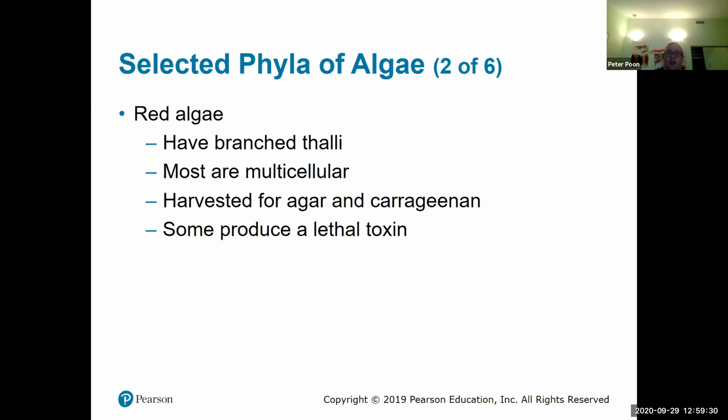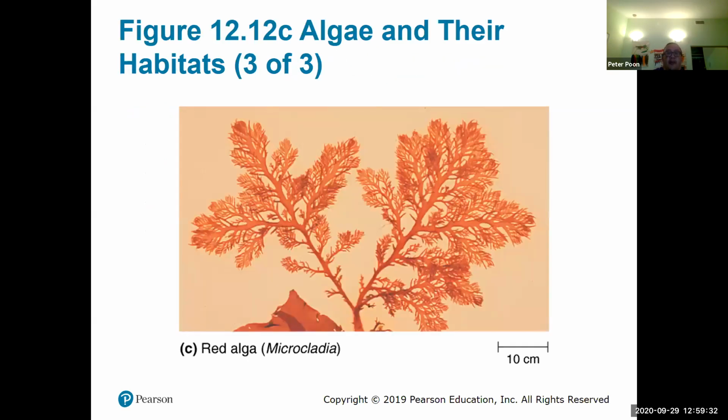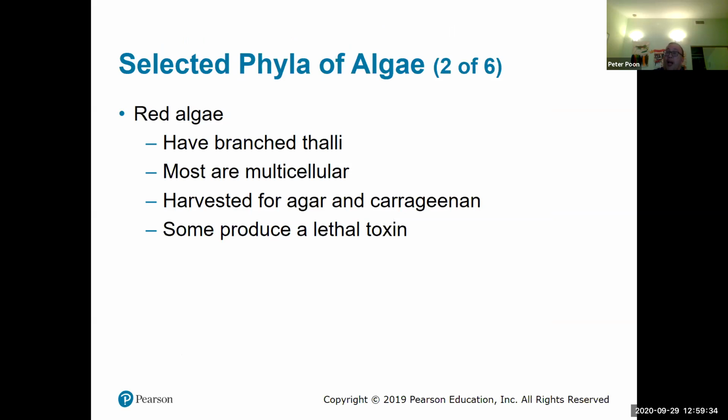Some of them produce a lethal toxin. If you've heard the term red tide, red tide means there's an overgrowth of red algae, and if there's a red tide, what you should avoid is the shellfish.